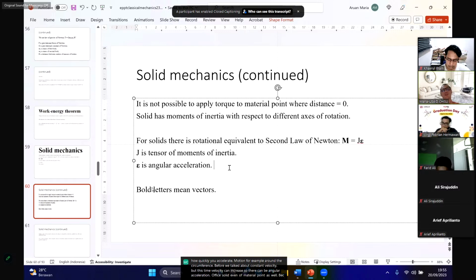It is possible to have angular acceleration for a material point. Okay, questions? I'm sure you have a lot of questions because I couldn't explain many things deeply enough and in enough detail.